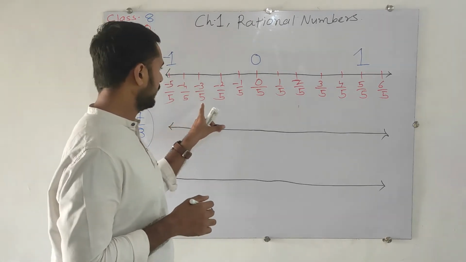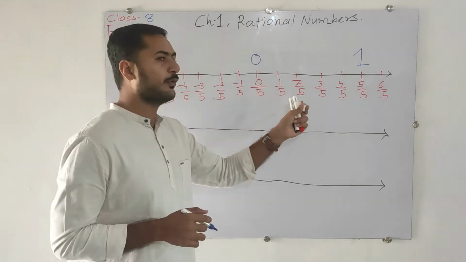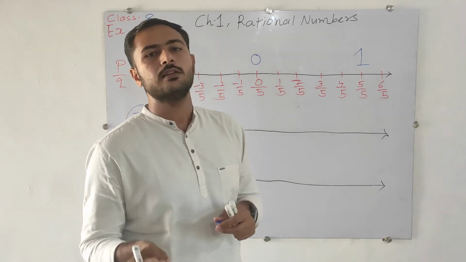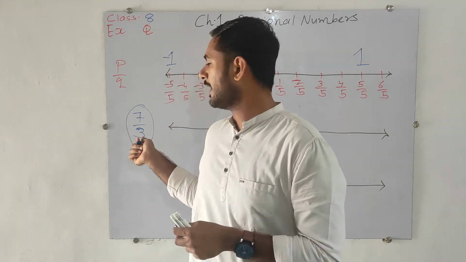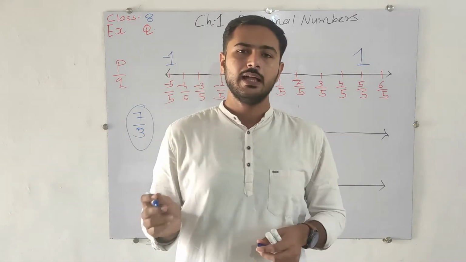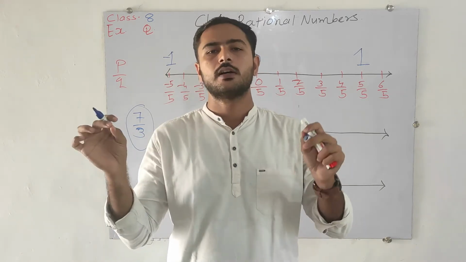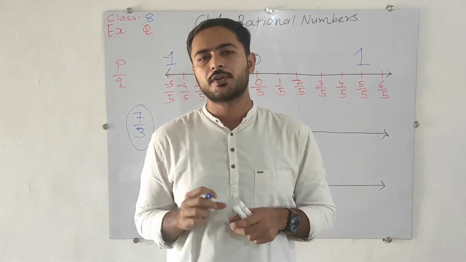Here, as we made the denominator the same, all the denominators are 5. So whenever you are going to represent a particular rational number, first of all check its denominator. Here we have taken the example 7 by 3 and the denominator is 3. So for the whole number line, we will put the rational numbers with the denominator 3.